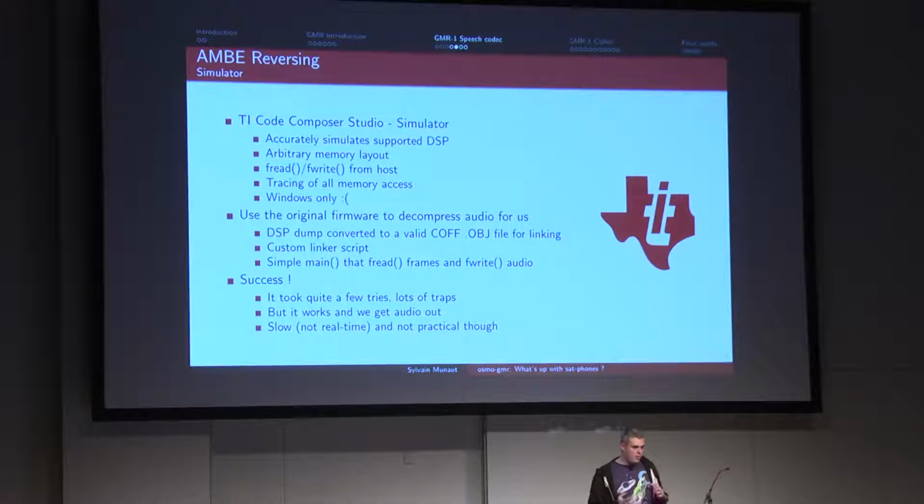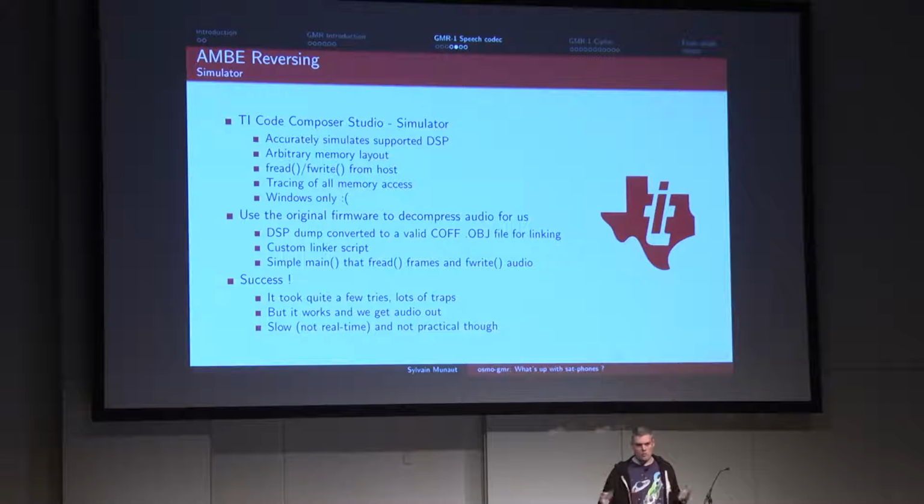I mean, you essentially just need to take the binary dump that you have from the firmware update, and you need to find a way to mix it in with your own custom code. The way to do that is basically you just create a new object file, like you would create an ELF, except in this case it's called a COFF, for common object file format, but it's the same idea.